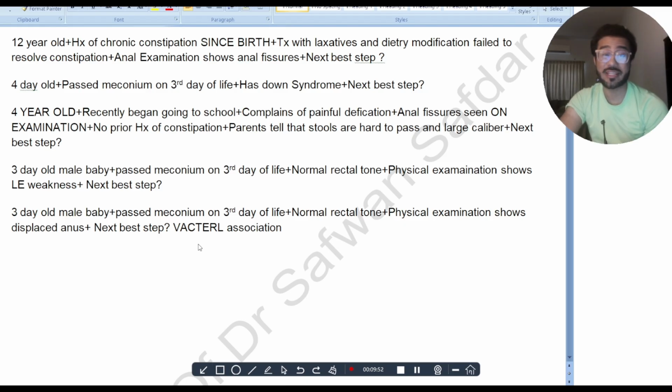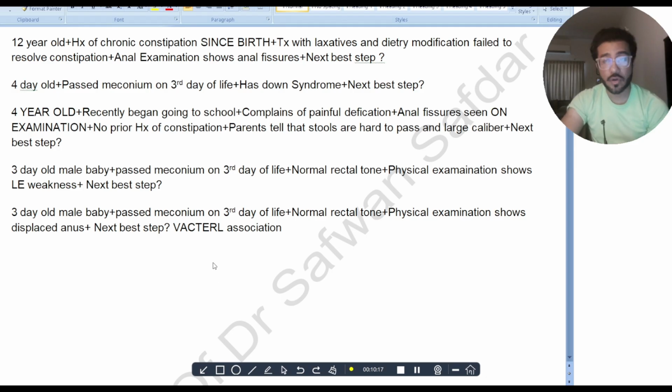So this displaced anus is basically associated with a VACTERL association. This is a mnemonic for a certain syndrome of diseases. Basically, C stands for cardiac anomalies, T and E stand for tracheoesophageal fistula, R stands for renal anomalies. So, what is the next best step in this case?